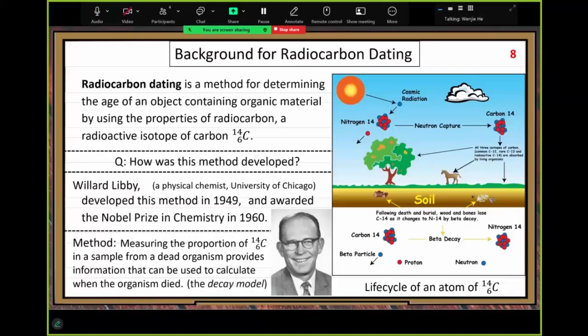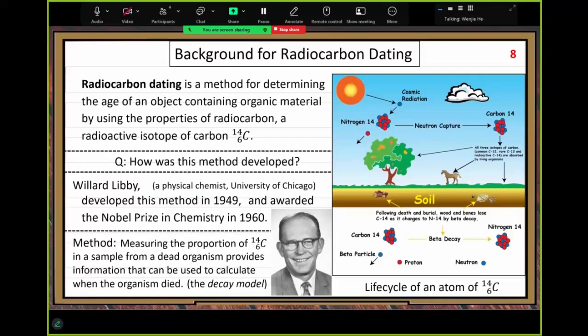And because it follows the decay model, half-life, radioactive, we used radium before, right? So here we just replace the radium in our first example with this radioactive carbon-14.